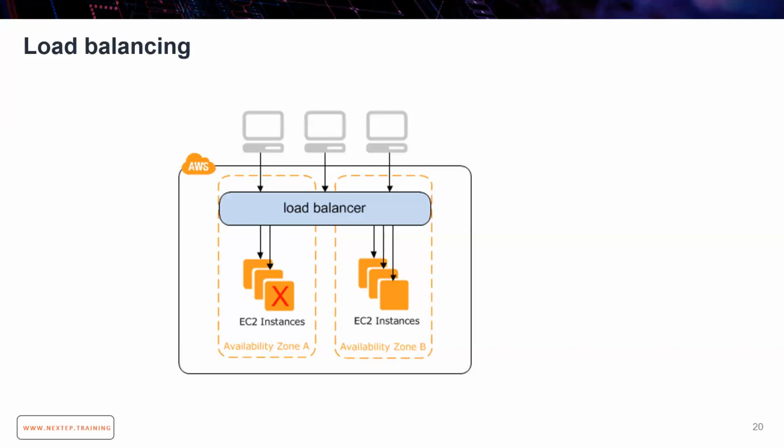What happens if, God forbid, something happens to that availability zone, the data center, that city? Then your website is down. Forget about your 99% SLA, you're back to zero. So you want to distribute your EC2 instances across all the availability zones.